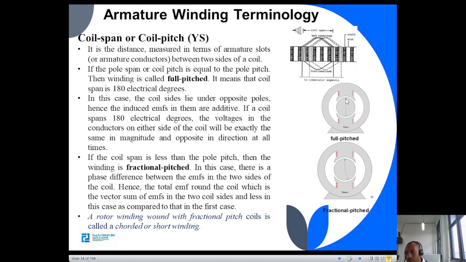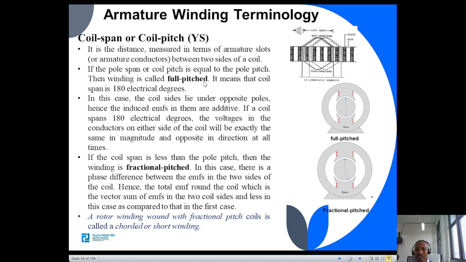One coil side is under the North Pole and the other is under the South Pole. In this case, pole pitch is equivalent to coil span. The coils are placed at almost 180 degrees electrical, a straight line. This type of arrangement we call a full pitch arrangement.